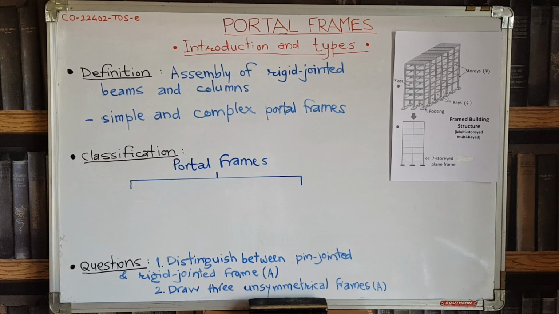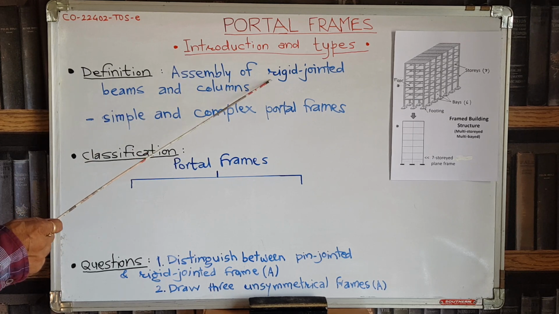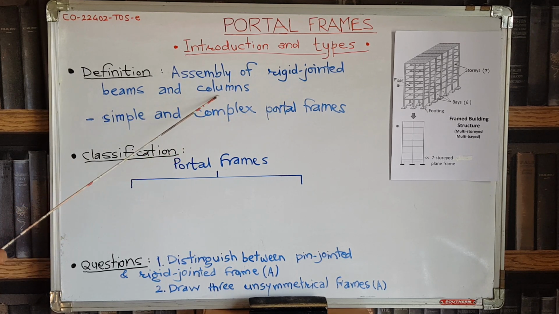So after having seen a practical example of a frame building structure and the plane portal frames in it, we will go to the definition of frame. The definition of a portal frame is this, that it is an assembly of rigid jointed beams and columns.